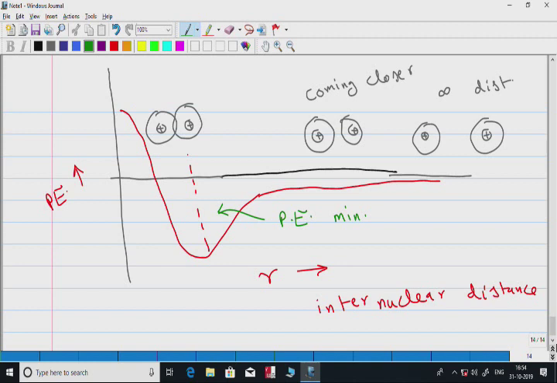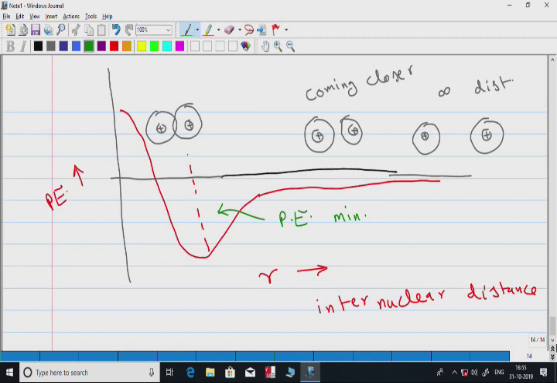So guys, this theory says that for the formation of a chemical bond, the two valence orbitals, which contain the electrons, should overlap with each other. This is the main theme of this theory.